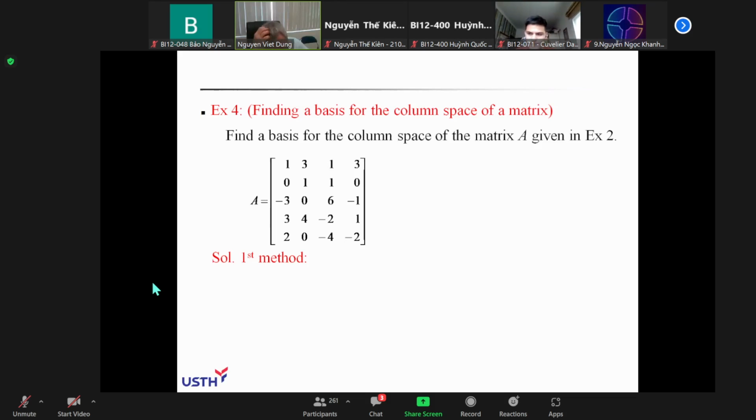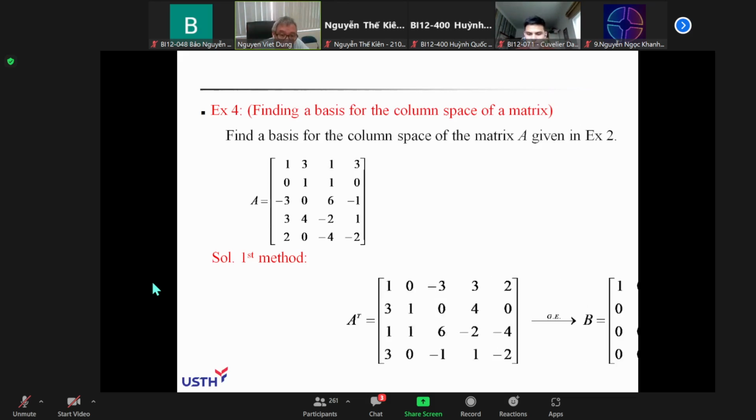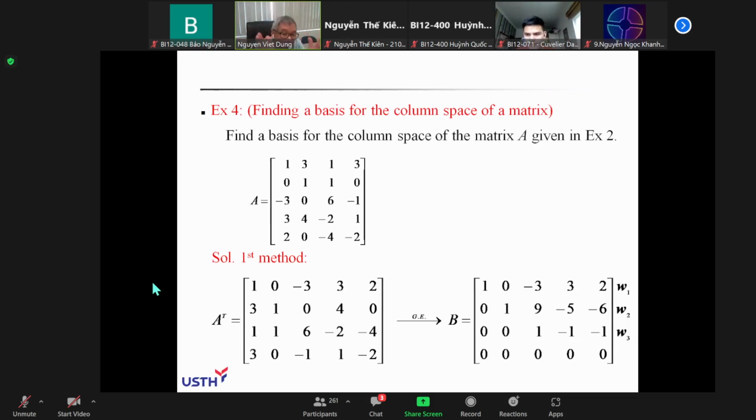column space of A. And the first method is very simple. Because you know that you can take the transpose, then columns become rows, and now you need to find a basis for the row space of A transpose.